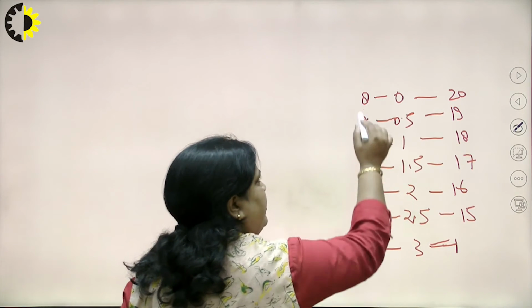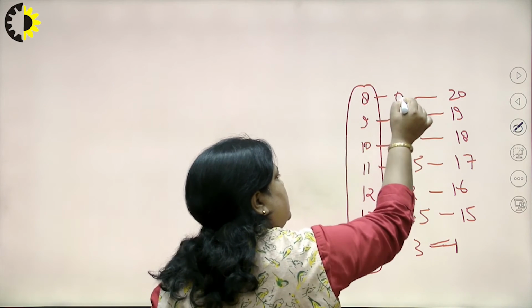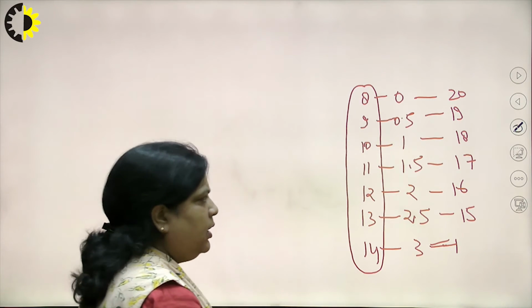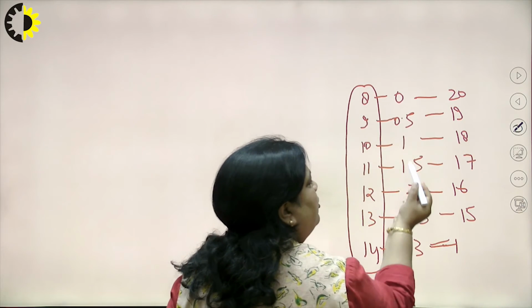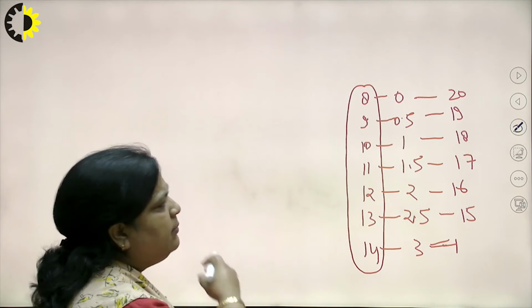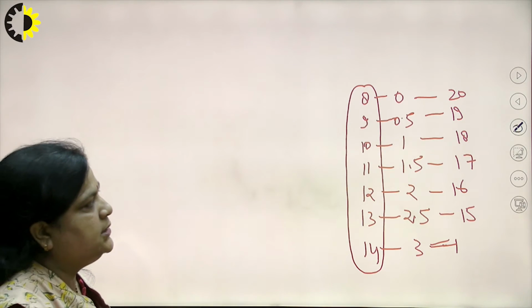So, if the number of electrons is 8, 9, 10, 11, 12, 13, 14, the bond order will be 0, 0.5, 1, 1.5, 2, 2.5, 3, and if the electrons are 15, 16, 17, 18, 19, 20, the bond order will be 2.5 down to 0.5. So, this is just a simple method to verify or cross-check our bond order calculation.